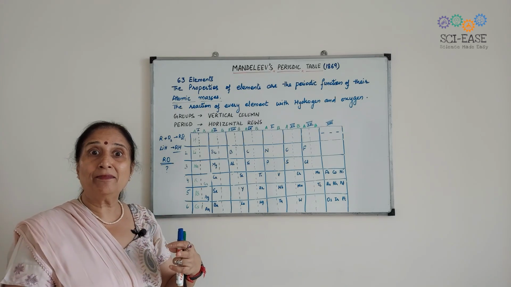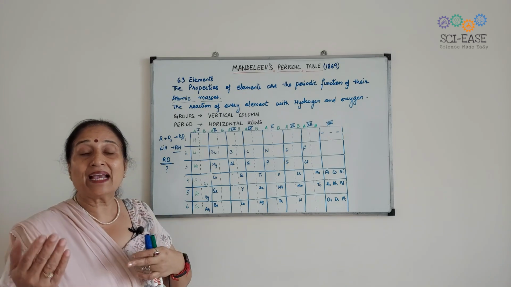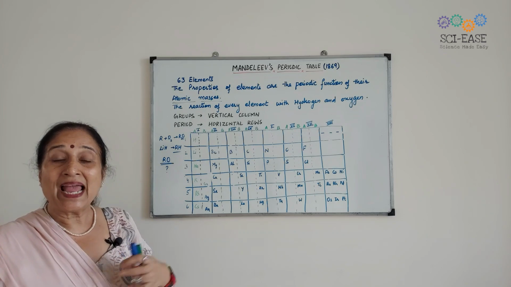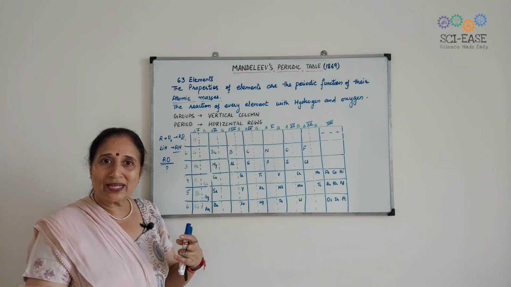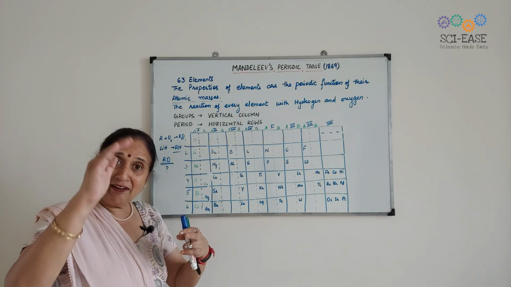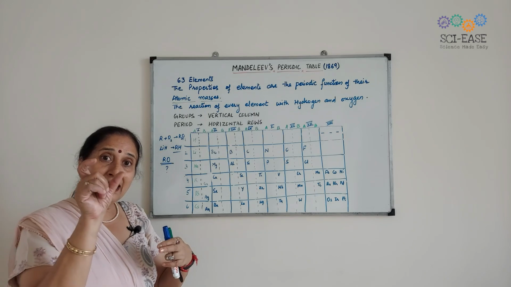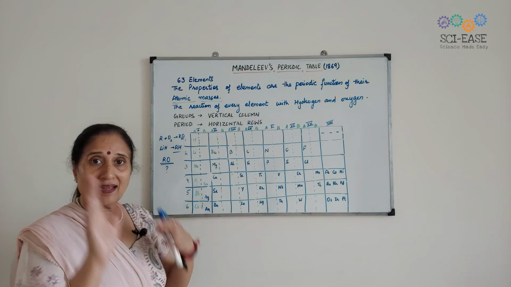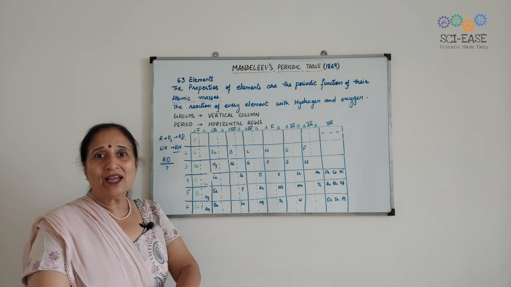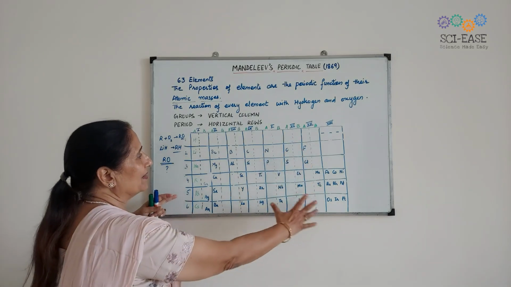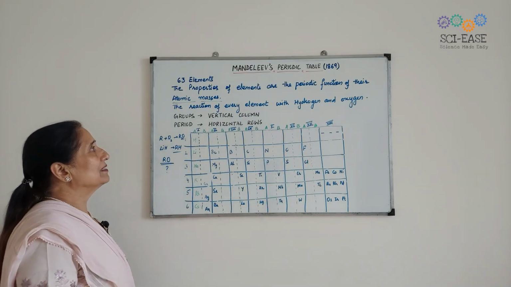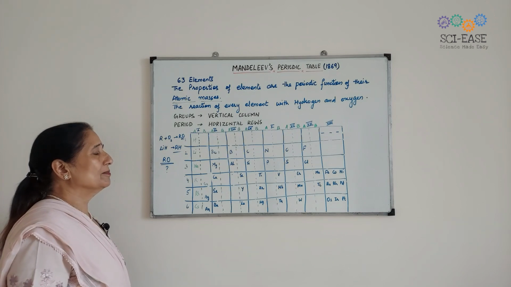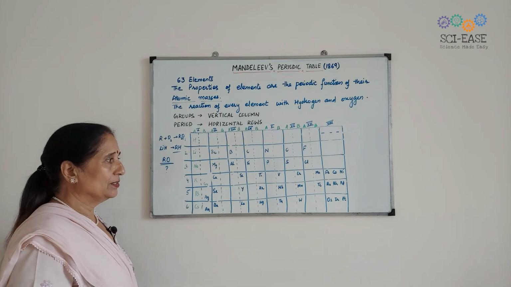After aluminium, he left the space eka aluminium, eka silicon. So he left some spaces and took this word from Sanskrit, eka. He arranged these elements in vertical columns and horizontal rows.